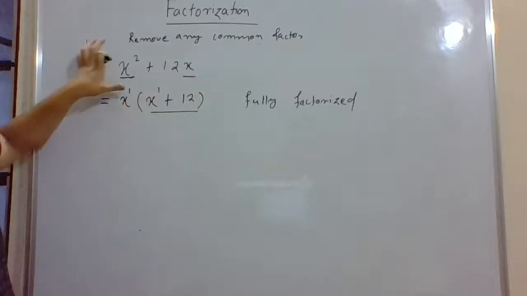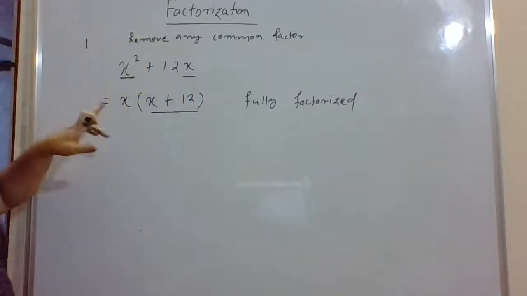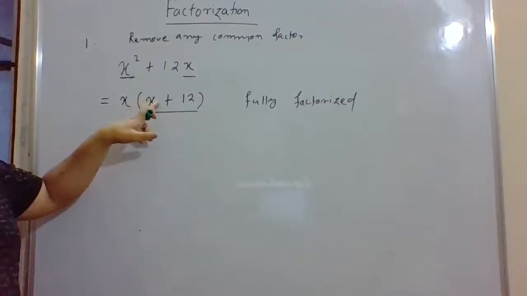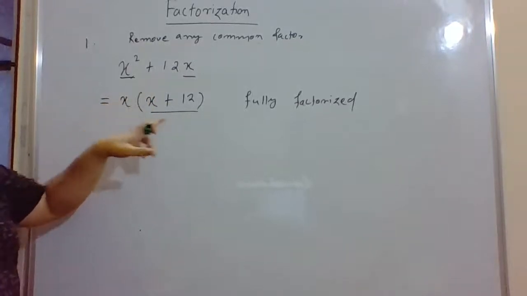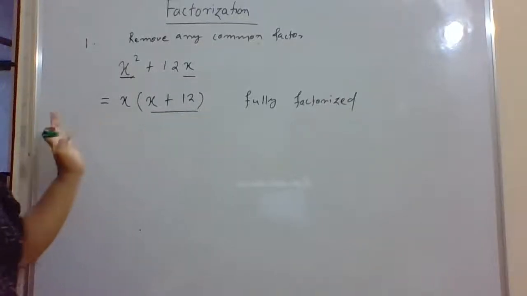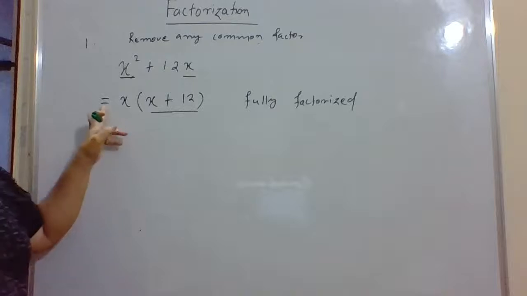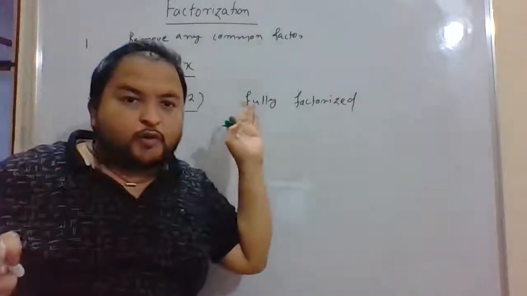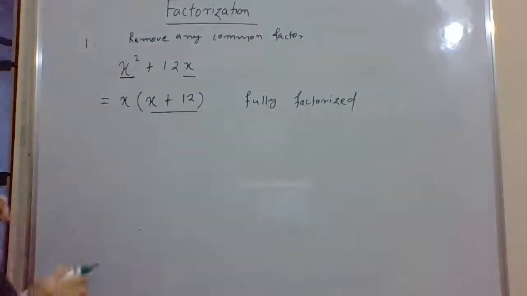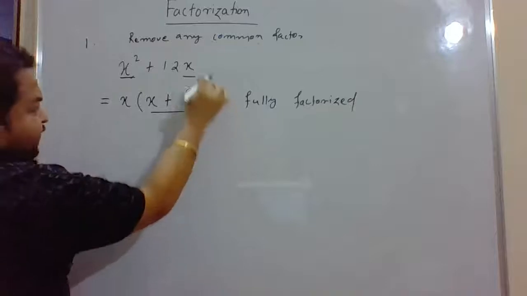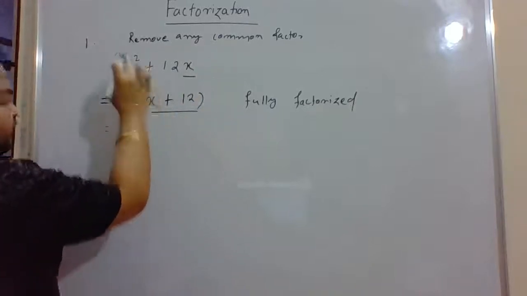So I took x as common and found x into (x plus 12). Now the highest degree of x is 1 in all the terms, and it is expressed as a multiplication, so my expression is now fully factorized. Sometimes in exams, if they ask you to fully factorize, this is what you should do.